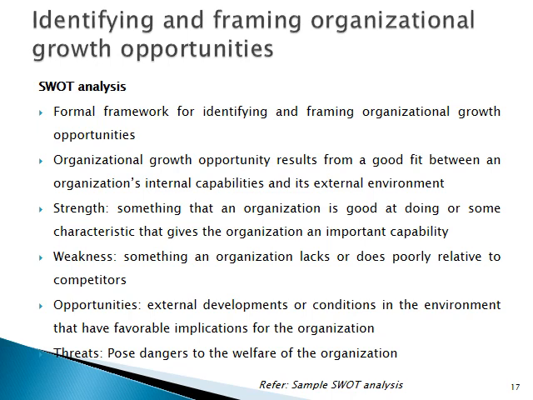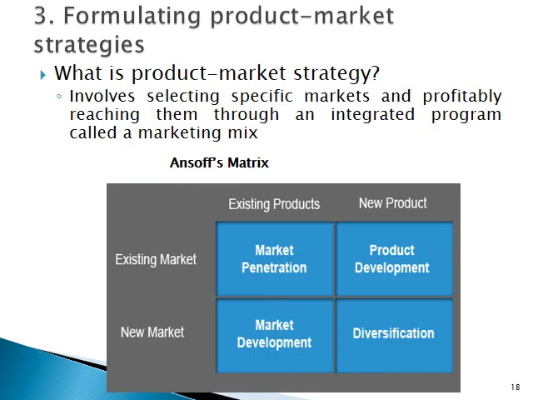We'll try to do this practically when we develop our marketing plan in our future lectures. Moving into the third step of this process, formulating product market strategies. The very famous model to bring out here is the Ansoff matrix.